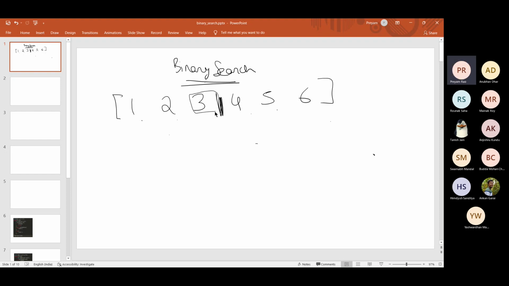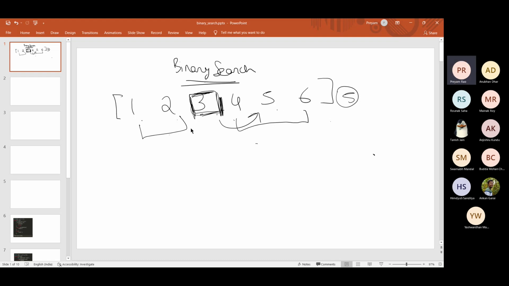So let's just say that 3 is the middle element. We're looking for 5. If 5 appears in the left half, then we'll search in the left half. If 5 were appearing in the right half, then we would search in the right half. That's pretty much all binary search is, right?